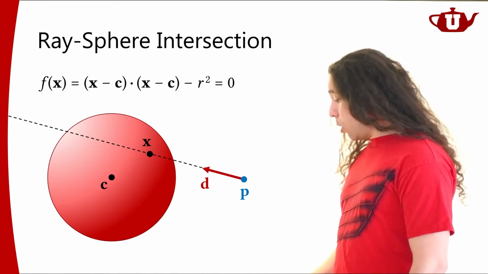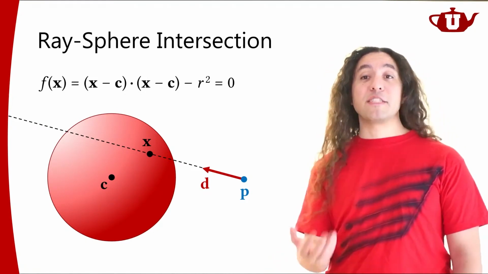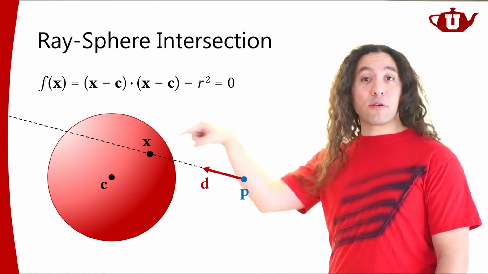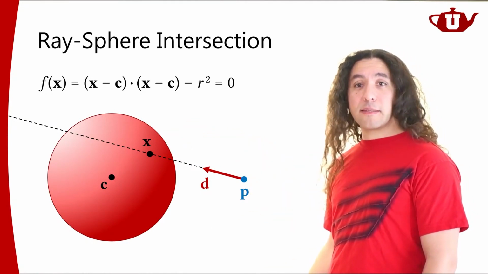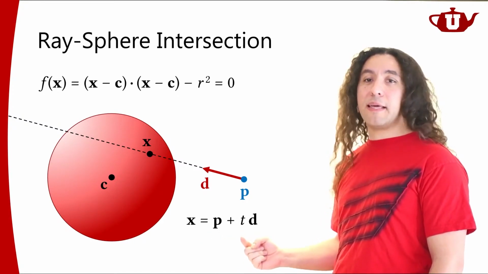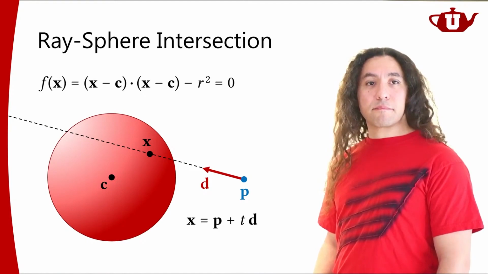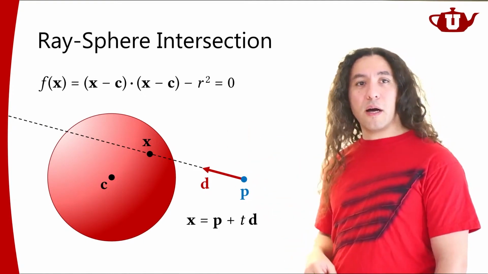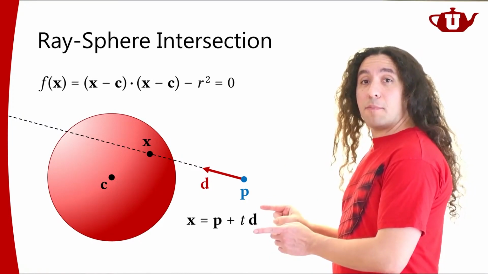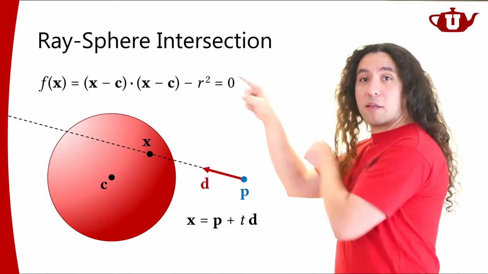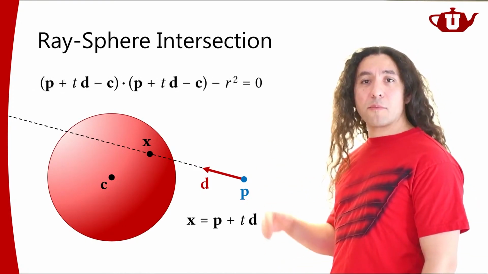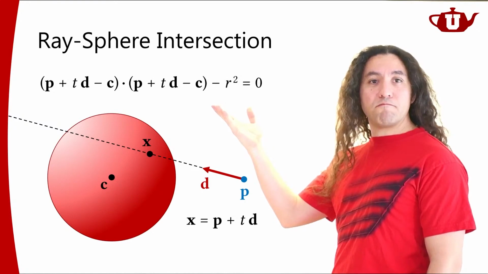The parametric equation for any point x along this ray, we talked about this: x is equal to p plus some t times d. If I take this and replace all x's with p plus td, I am going to get this equation.